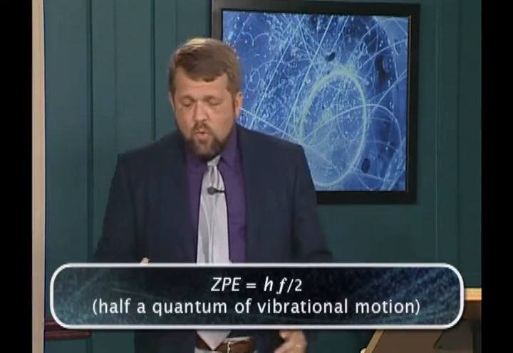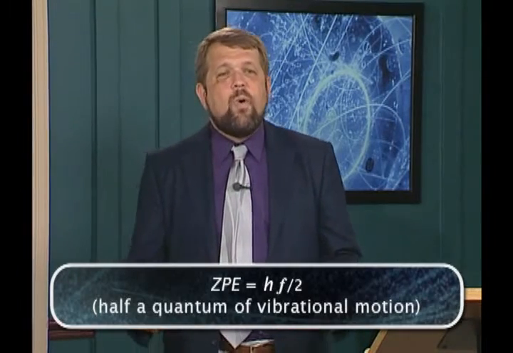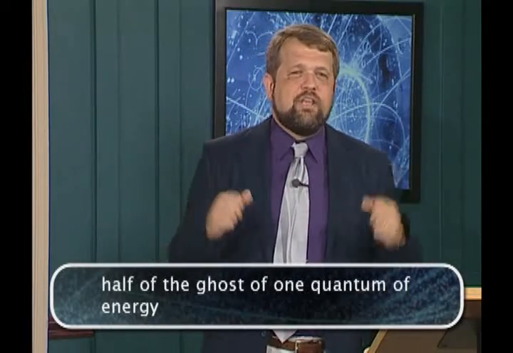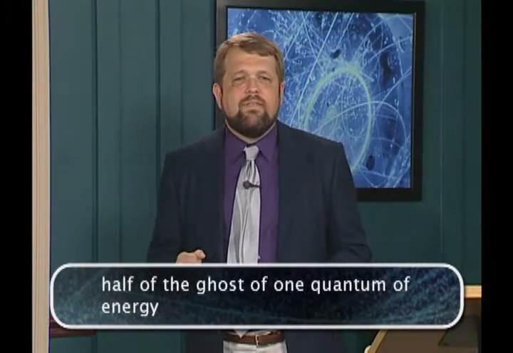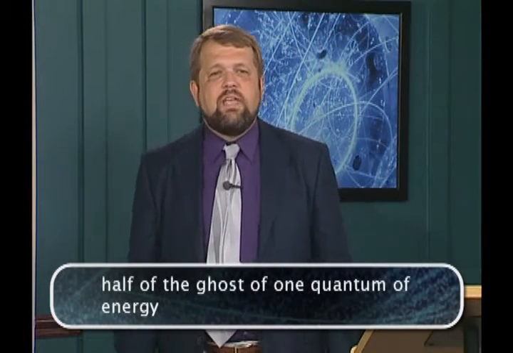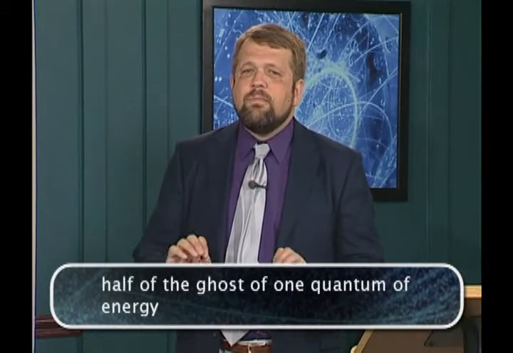So even when the quantum pendulum has its least possible energy, it still has what we might call half of the ghost of one quantum of energy. That's the zero point energy, the energy it has even when it's as close to zero energy as a quantum system can be.